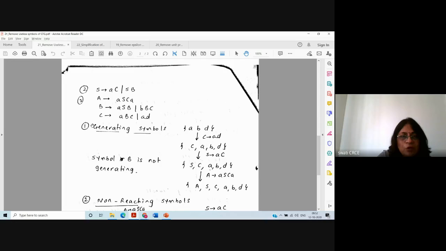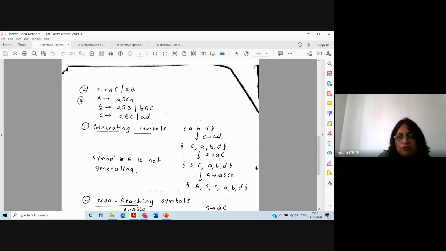Okay. S is already added, so start from A now. Now your A is equal to A S C A. Check: S and C both are there, and a is also there. So because of the A S C A rule, now A has also become a generating symbol. So now add A also in this set. A is done, S is done, C is done.